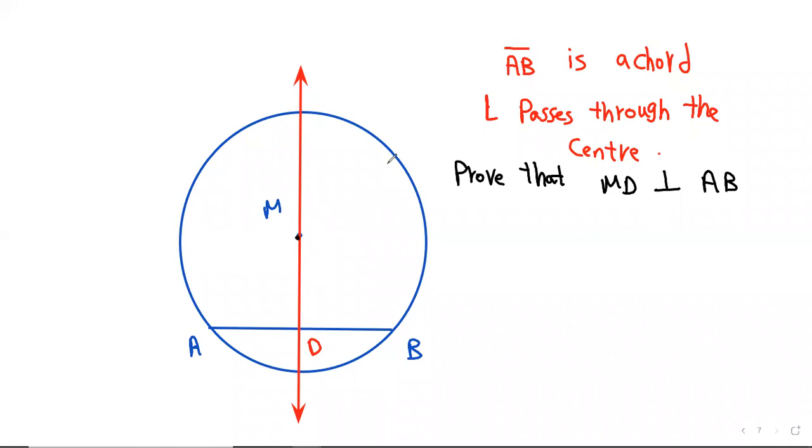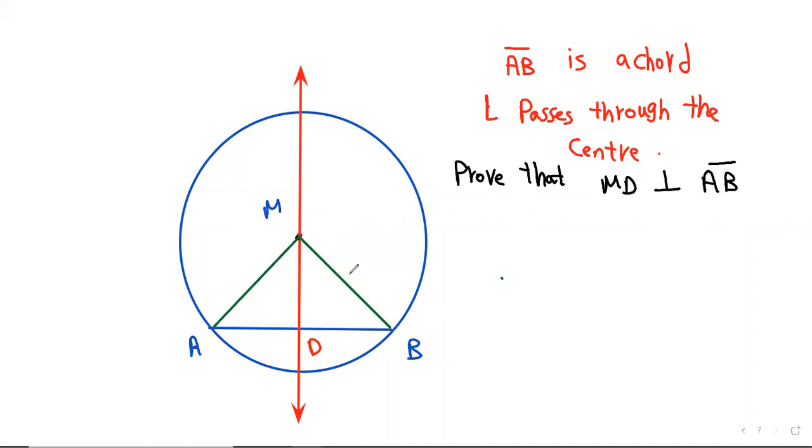In this question here, AB is a chord, and the straight line L passes through the center of the circle. What is required? The requirement is to prove that MD here is perpendicular to the chord AB. So we are going to construct two lines. We are going to draw two lines. Draw MB and draw MA. Okay.